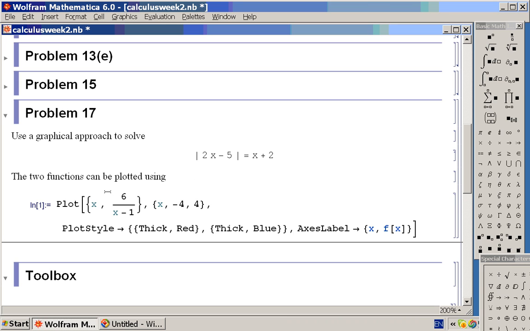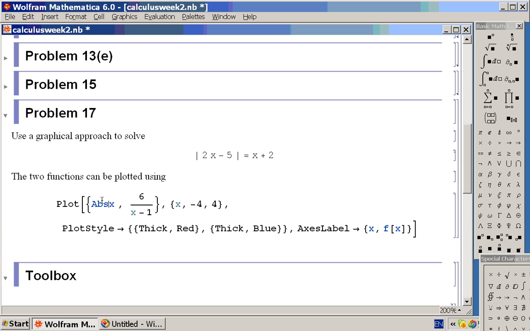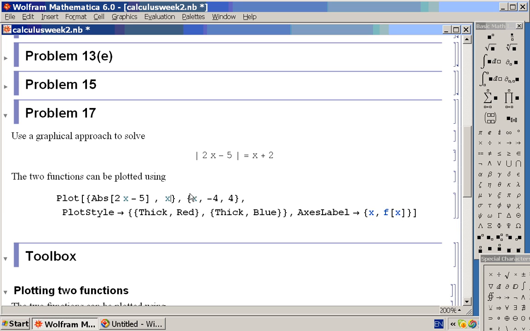So the two functions, the left-hand side and the right-hand side, can be plotted, and we'll put the left-hand side first. So let's plot that, see what we get.